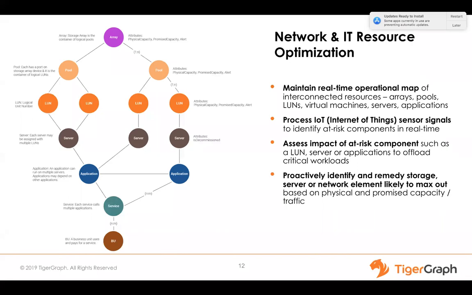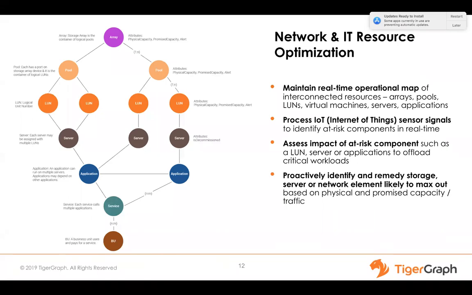With TigerGraph, we provide the following solutions. We can maintain the real-time operational map of the interconnected resources. And we process the IoT sensor signals from the physical storage, server, and network equipment to identify the at-risk components in real time.